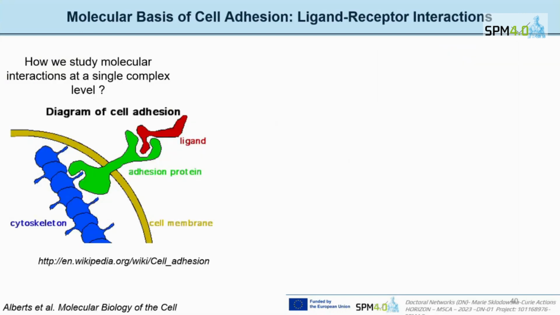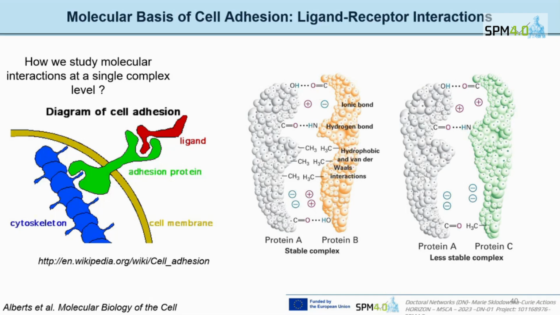So at the single molecule level, we have protein and ligand, and they bind through different types of interactions. We can have ionic bonds, hydrogen bonds, hydrophobic and van der Waals interactions. Besides that, the geometry of the molecule is also important. It has to fit, like a key to the door.